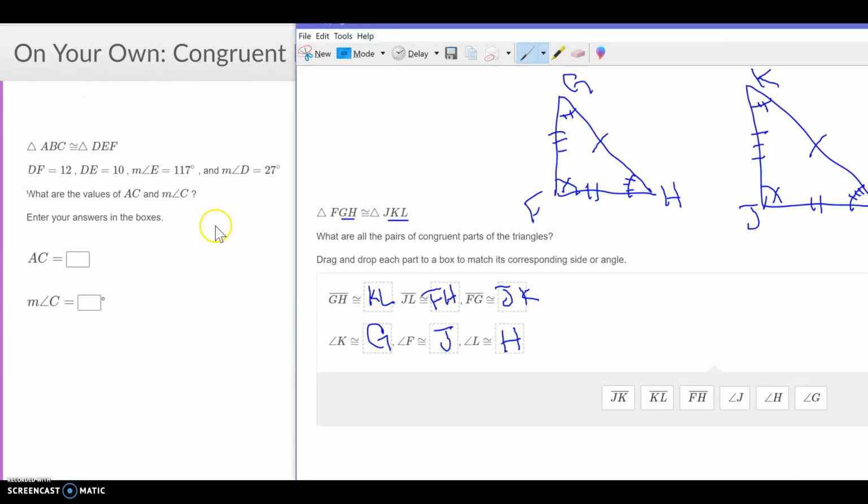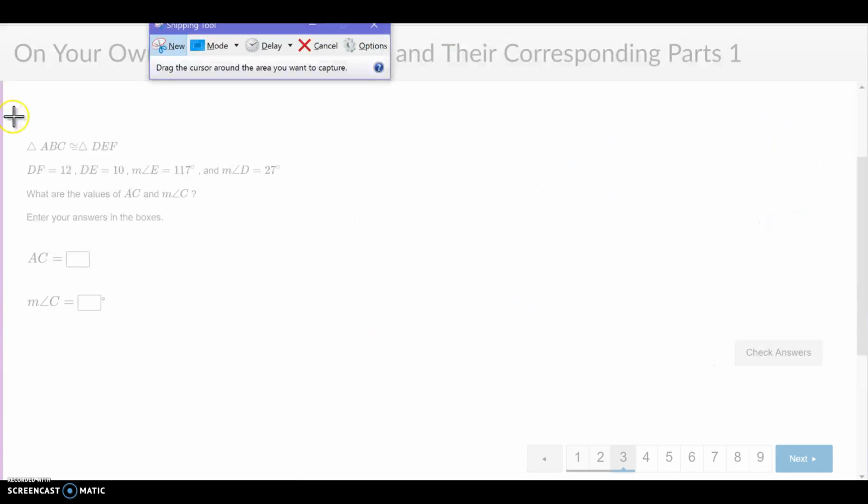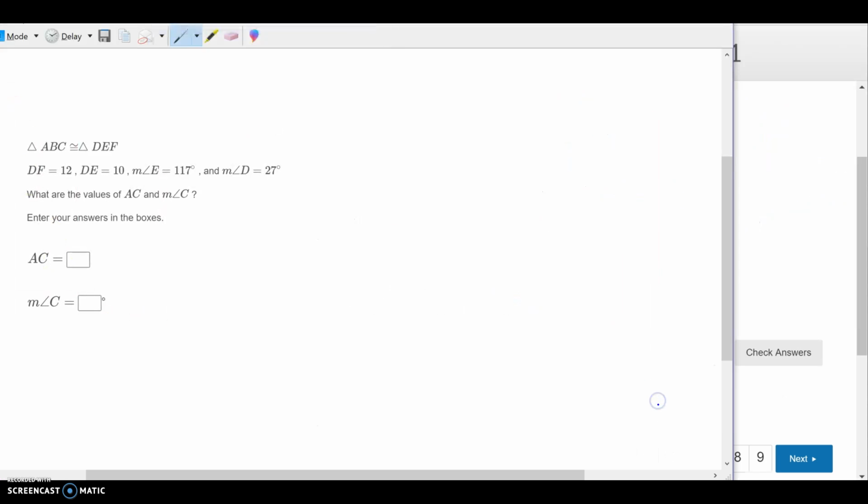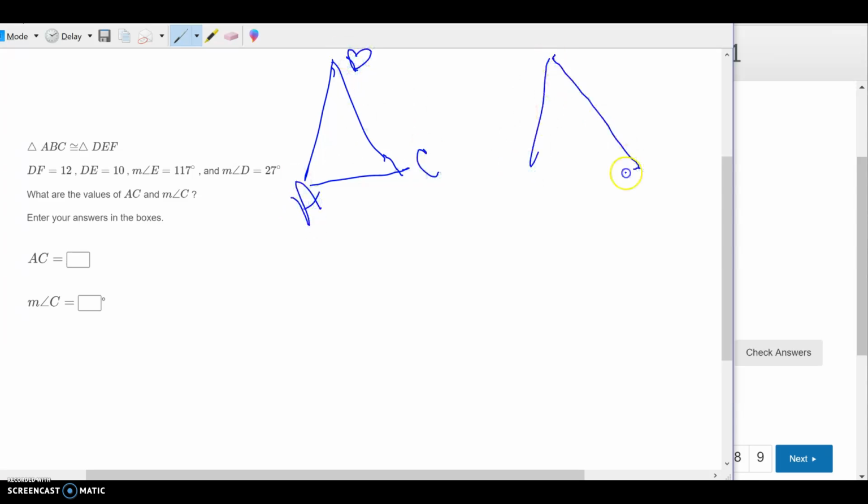Alright, let's draw. All right, we got triangle ABC is congruent with DEF.